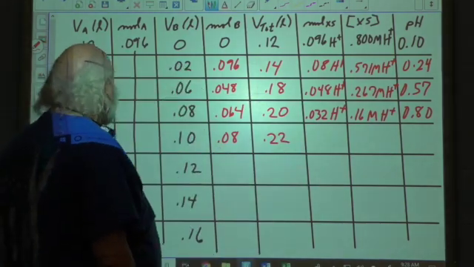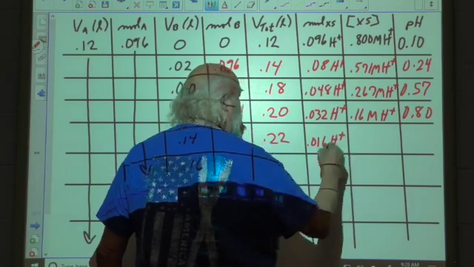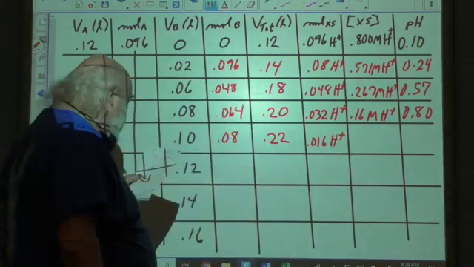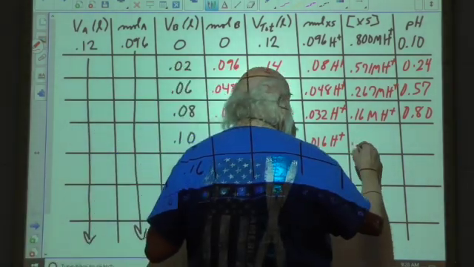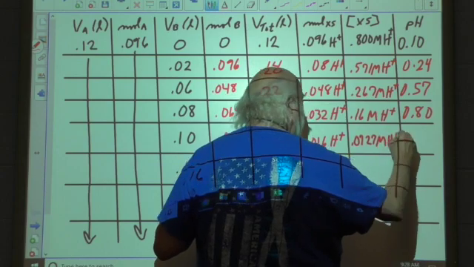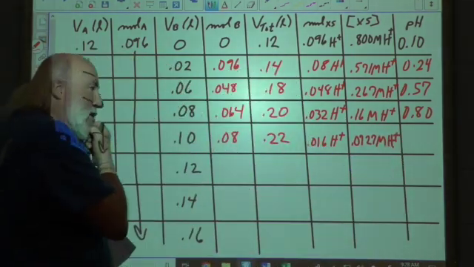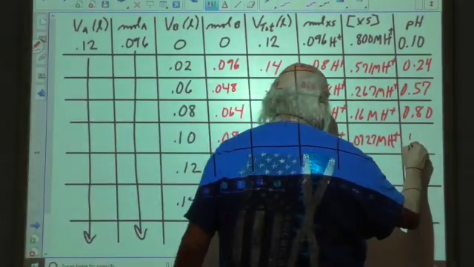The moles of excess we said is 0.016 of the H positive. Divide that by 0.22, and I get 0.0727 moles per liter of hydrogen. Then I take the negative log of that, and that turns out to be 1.14.